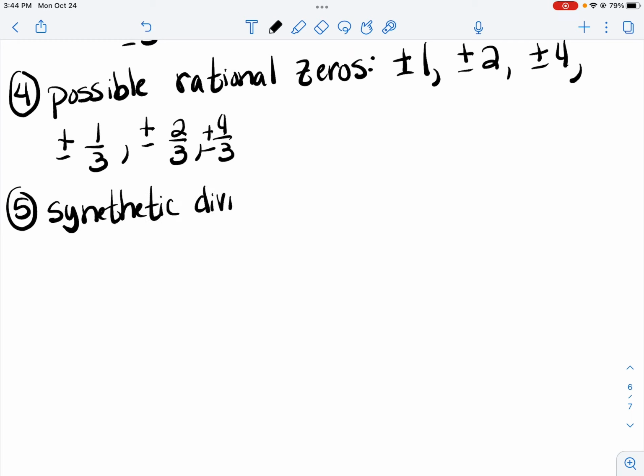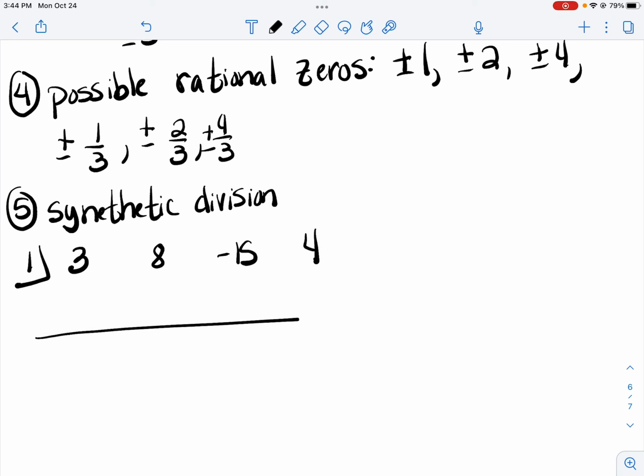And remember, if it's a 0, our remainder will be 0. Our polynomial function had no powers missing, and our powers were in descending order. So I'm going to start with my first number in the list, which is positive 1. And I'm going to list my coefficients from my polynomial. So I have 3, 8, negative 15, and 4.